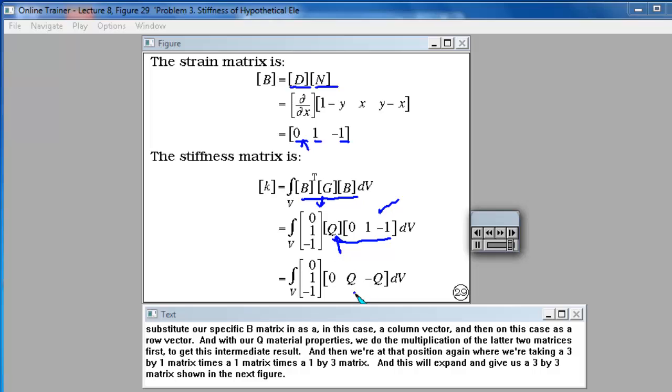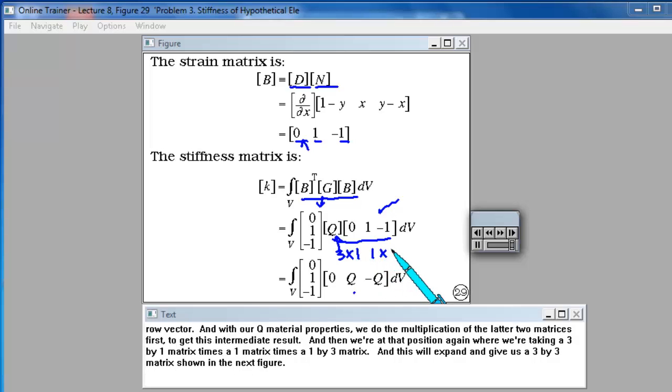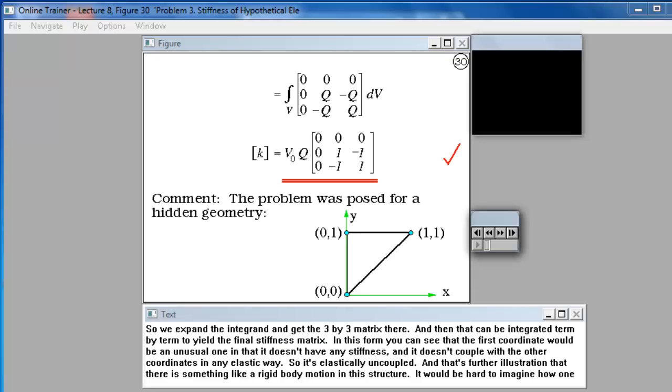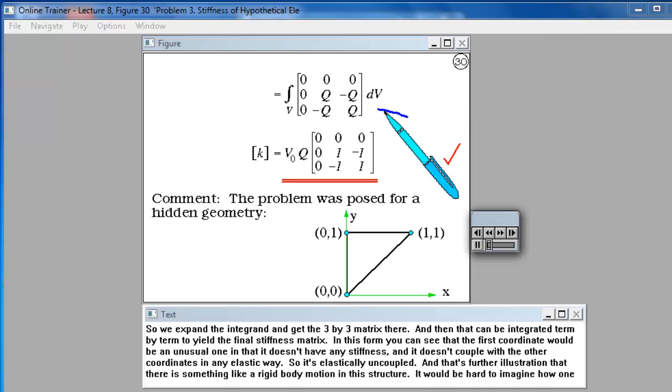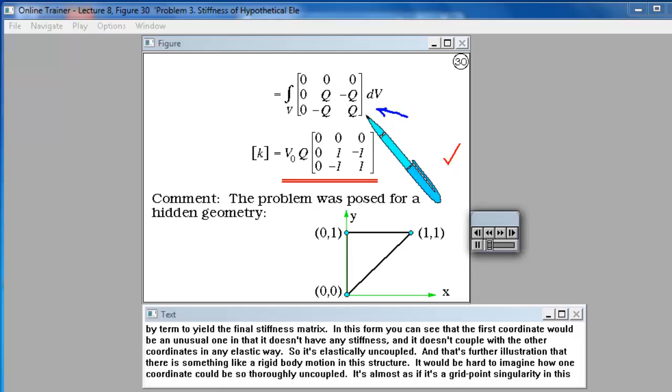And then we're at that position again where we're taking a 3 by 1 matrix times a 1 by 3 matrix, and this will expand and give us a 3 by 3 matrix shown in the next figure. So we expand the integrand and get the 3 by 3 matrix there, and then that can be integrated term by term to yield the final stiffness matrix.